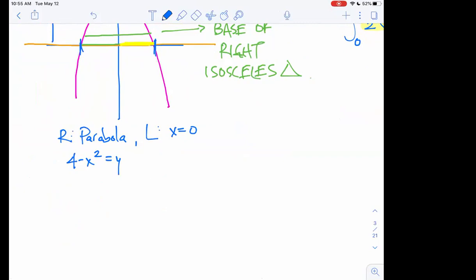If I want to have an equation with a dy and my bounds are y values, my equation needs to be in terms of y. So I need to isolate the x so that I can have my equation in terms of y. I'm going to subtract the y to this side and add the x squared to the other side. And then I'm going to solve for x by taking the square root of both sides.